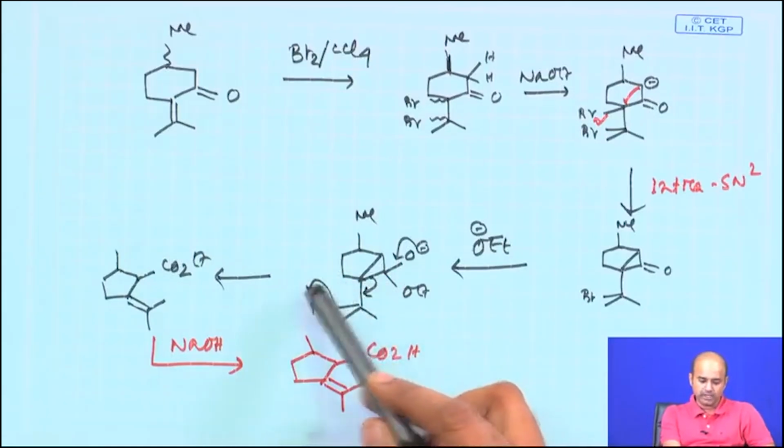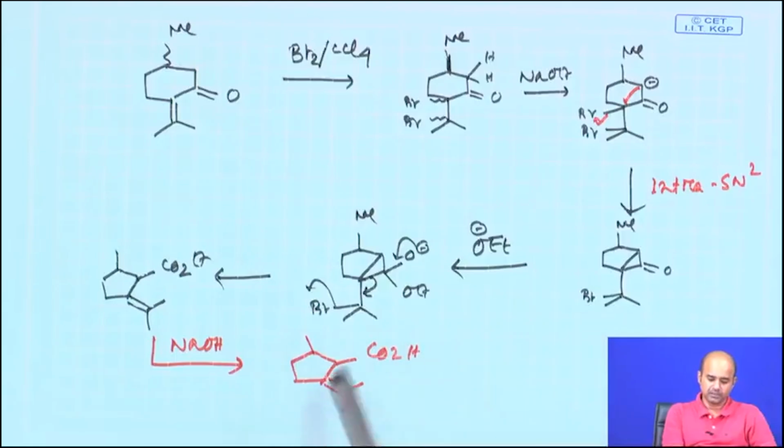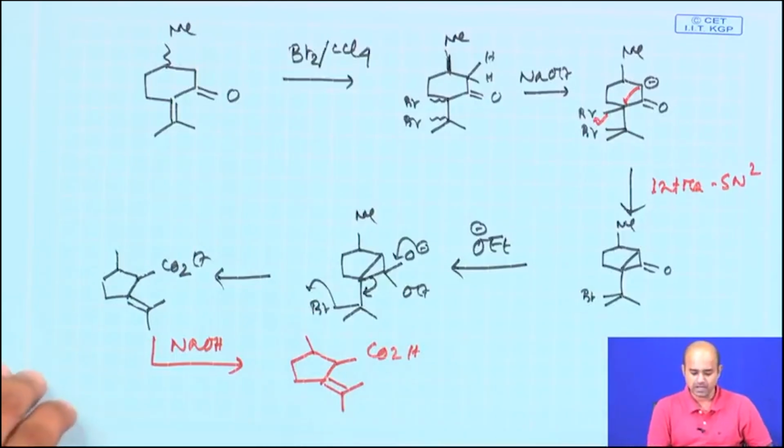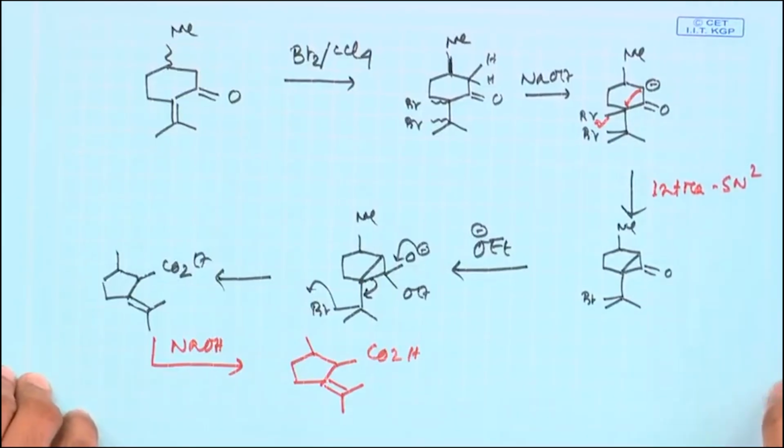It is also equipped with the elimination, and the elimination is very facile, and then you get a double bond here. So, that was the Favorsky reaction coupled with an elimination reaction, and that gives you the target molecule. So, if you are familiar with Favorsky reaction, I hope you might be able to solve this problem.